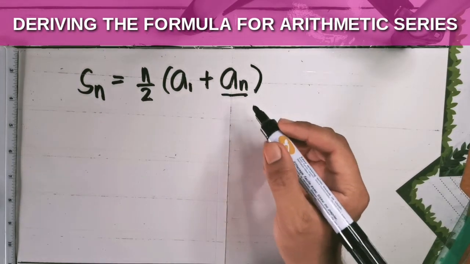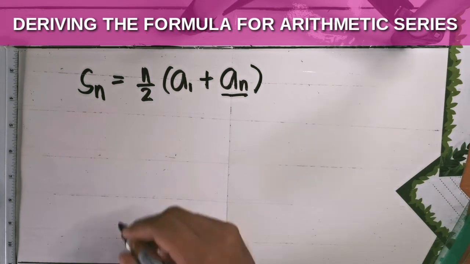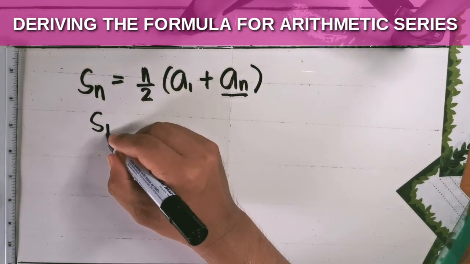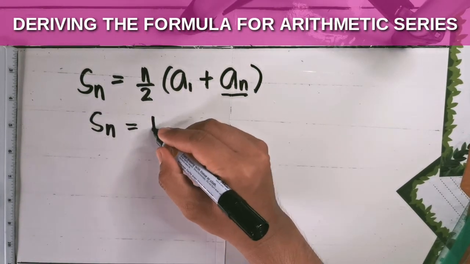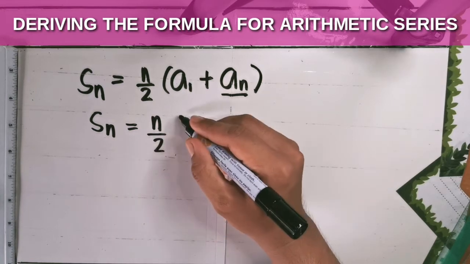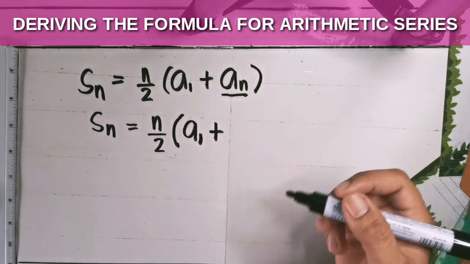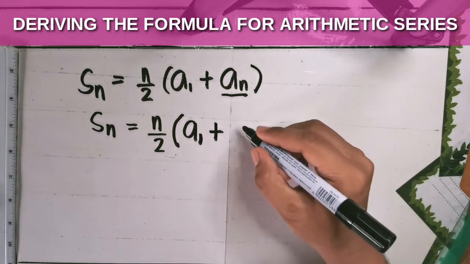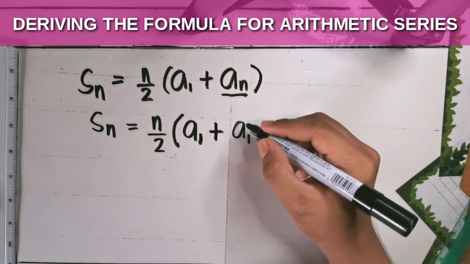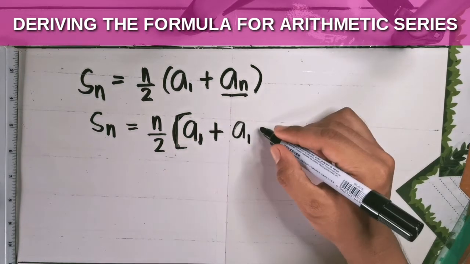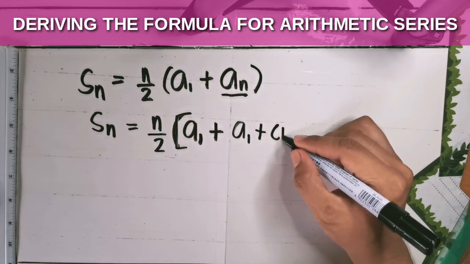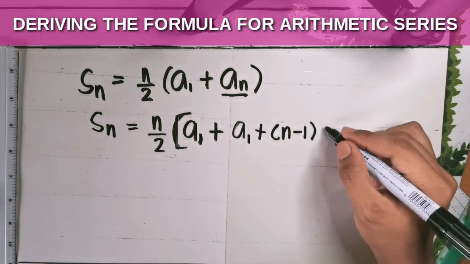We're going to substitute the formula to get the nth term. So, that is s sub n equals n over 2 times a sub 1 plus the formula to get the nth term of an arithmetic sequence, a sub 1 plus the quantity of n minus 1 times d.